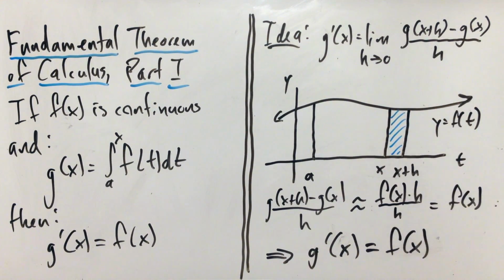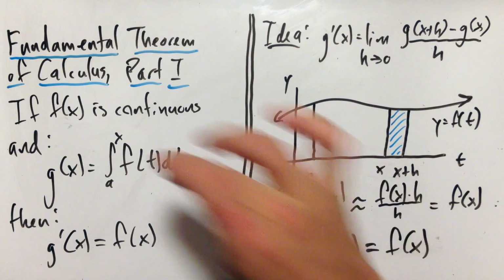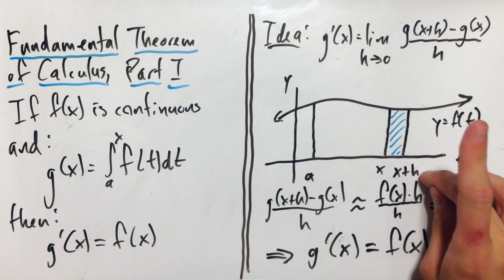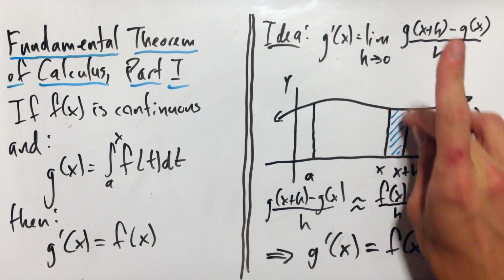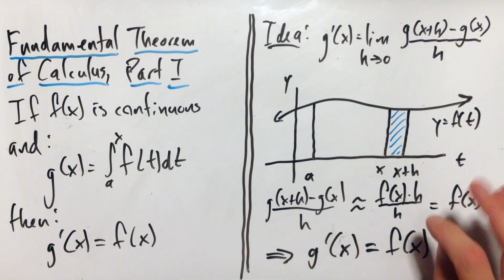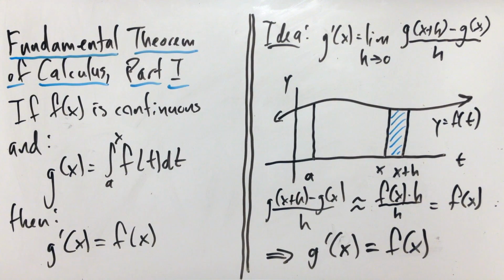It's this area. Now, since f of x is continuous, it turns out that as h gets closer and closer to 0, the area of this rectangle, this piece under the curve, is essentially f of x times h. It's a little bit bigger or smaller, probably, but it's so close that we can estimate it well enough.